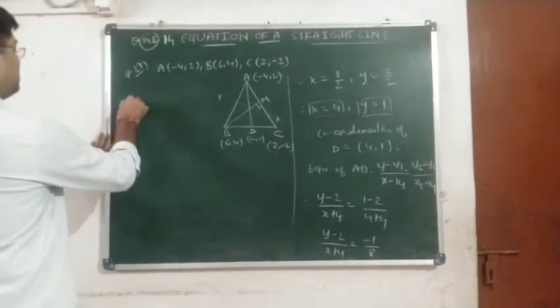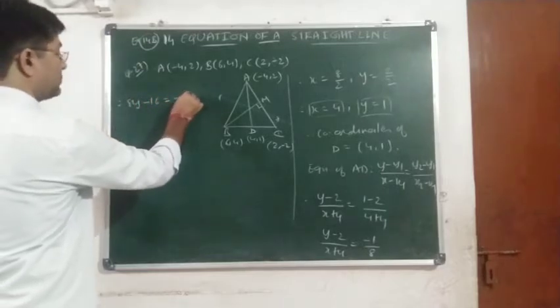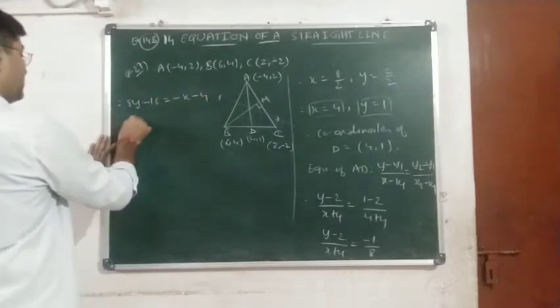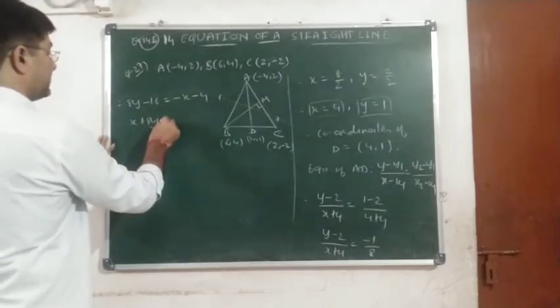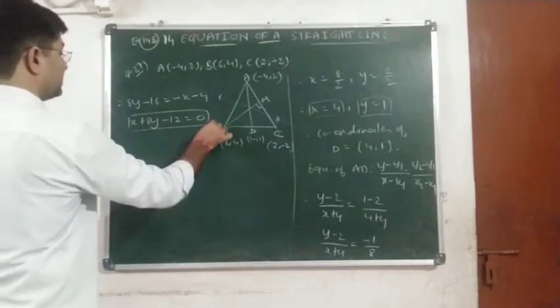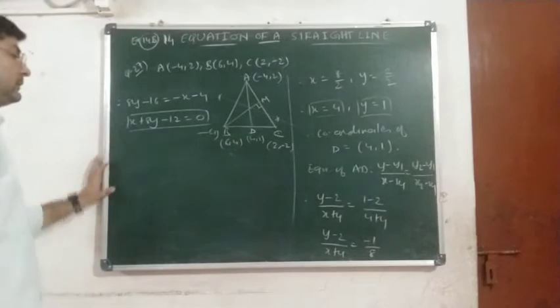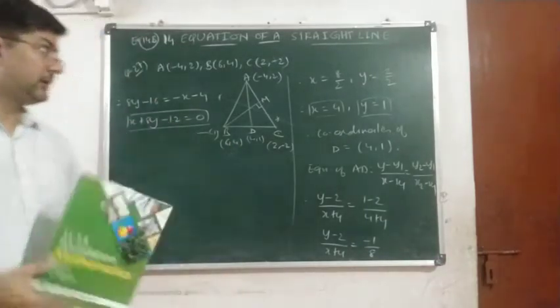Therefore 8y minus 16 is equal to minus x minus 4. Therefore x plus 8y minus 16 plus 4, which is minus 12, equal to 0. This is answer number 1, the equation of median AD. Clear?